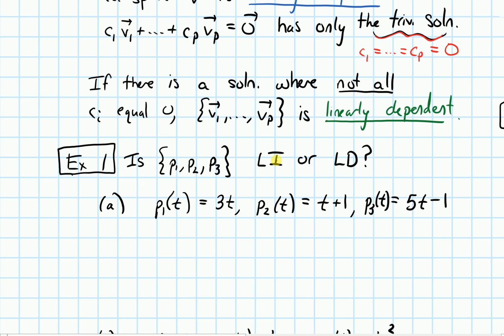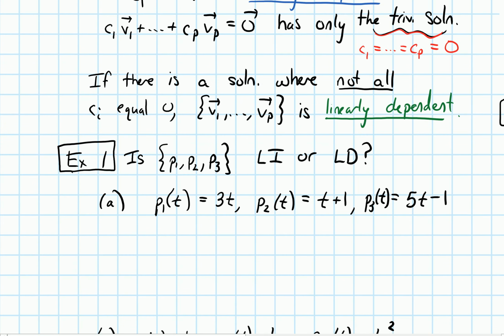So that's LI. Or linearly dependent, that's LD. So our polynomials here are, the first one's 3t, the second polynomial, P2, is t plus 1, and the third polynomial is 5t minus 1. Okay, so there's something I want to notice about these polynomials.